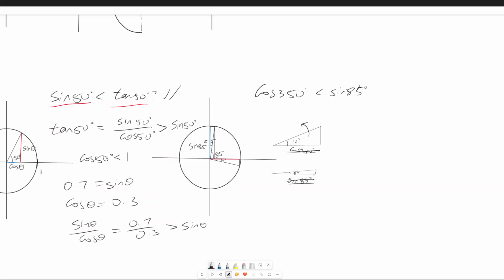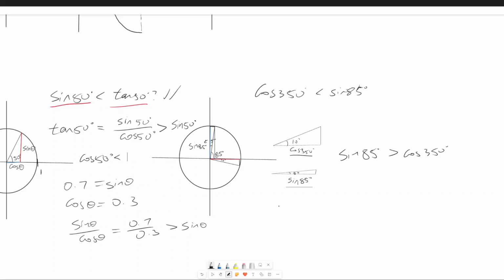Clearly, you can see the base of the 5 degrees triangle is going to be larger than the base of the 10-degree triangle if we correct for the hypotenuse. And we know that the base of these two triangles are represented by these two expressions. So from here, we can say that sine 85 degrees will have to be greater than cos 350.